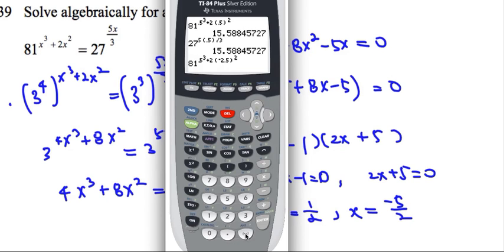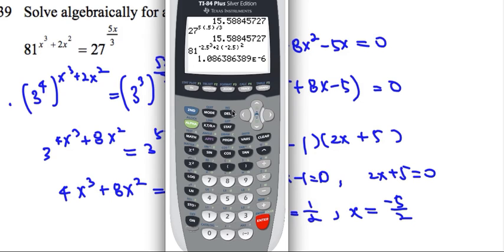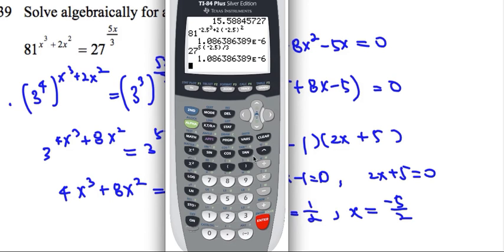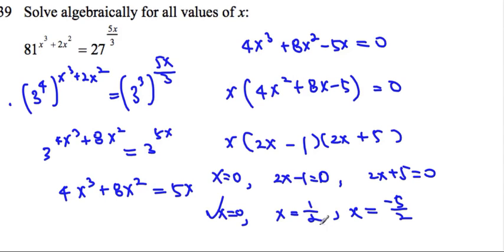So I get this value. We're going to do the same thing on the other side. Here we're going to put negative 2.5, and we do get the same answer. So in fact, all three of them would have been correct answers.